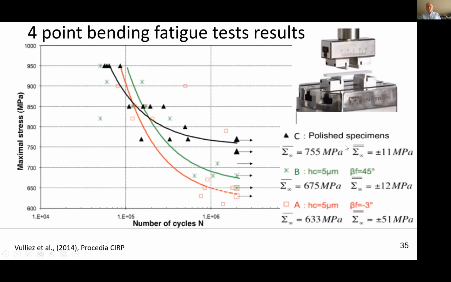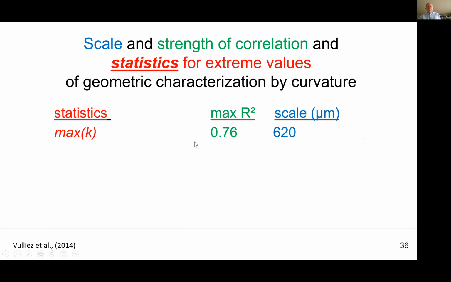And here, for polished specimens, is what the fatigue limits were, and then for different milling. So here you can see how the curves were generated.